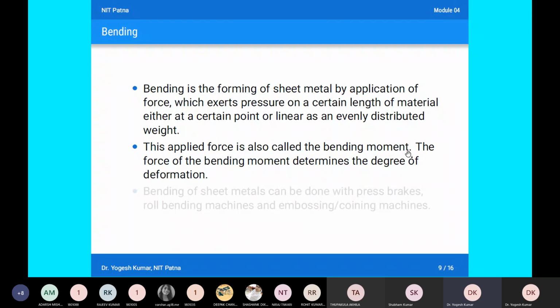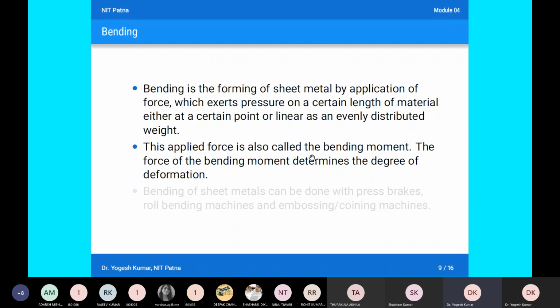This bending moment causes the deformation, that is, the bending of sheets by a certain angle. Sometimes this is called the degree of deformation.